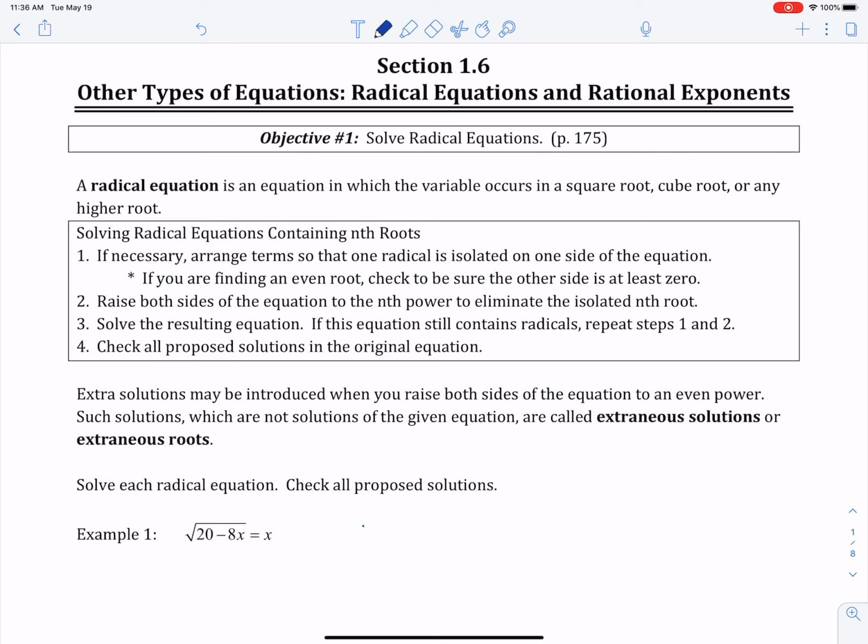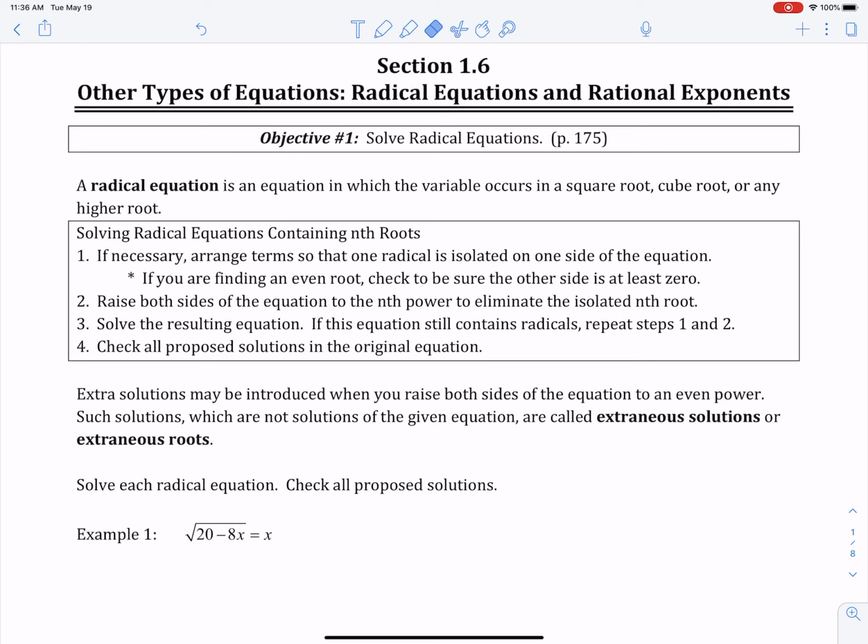Had this problem been square root of 20 minus 8x, let's say minus x equal to 0, step 1 would be to solve for the radical by itself. For example 1, it was solved already.